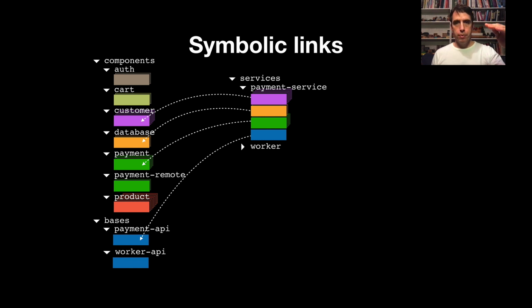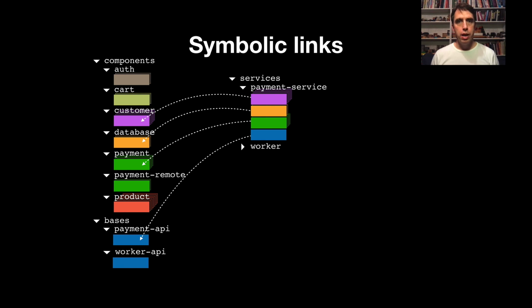And here, for each service, we just add a symbolic link for each component and the base to create a new service. So we are faking that the code actually lives under each service, but it's just an illusion. And it's a way of introducing reuse.